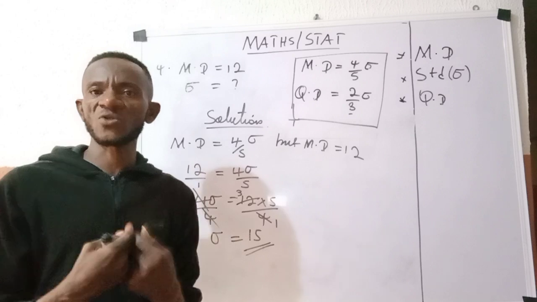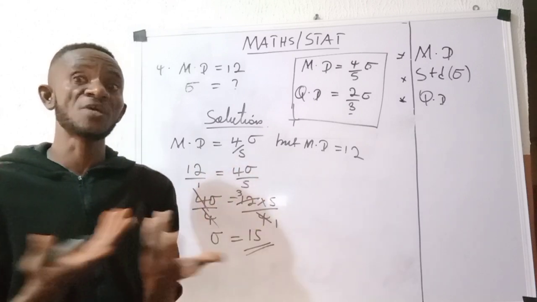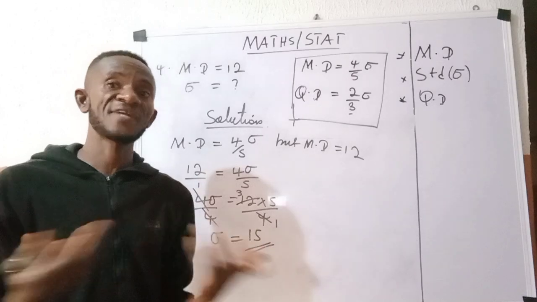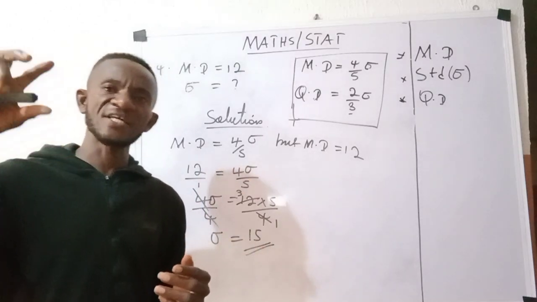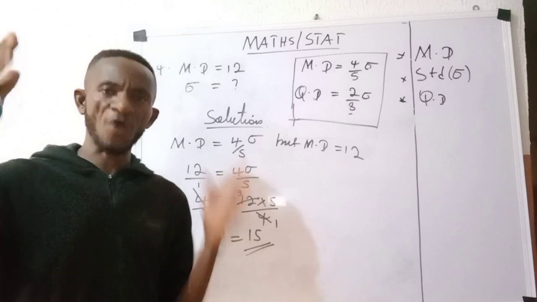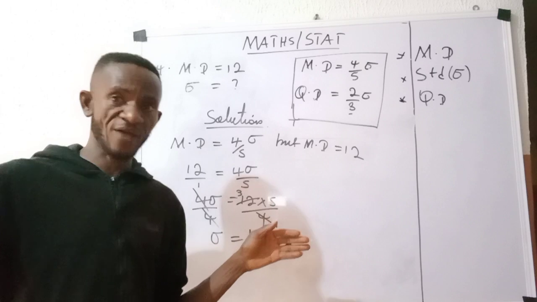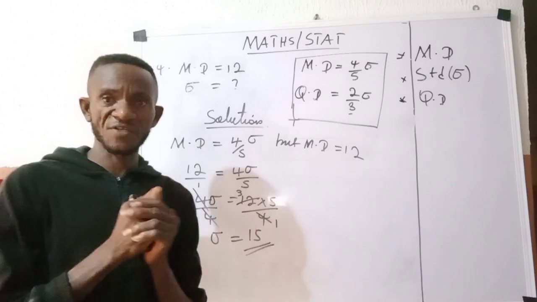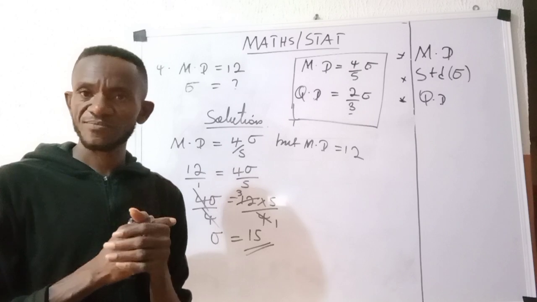This box plot is one of the graphical approaches of looking at the distribution of a data set, where the Q1, the Q2, and the Q3 form the box, while the minimum and the maximum values form what we call the whiskers in the box plot.